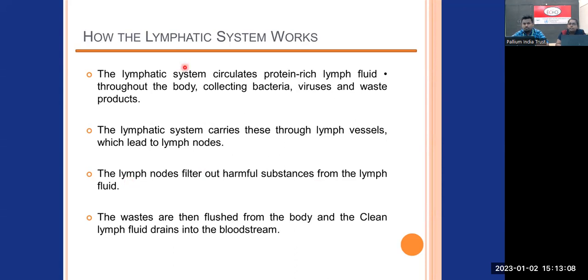From the interstitial space, the lymphatic capillaries absorb the fluid. Then it goes to the lymphatic vessels, then to the lymph nodes for filtering out the harmful substances. After that, the waste is flushed from the body and clean lymphatic fluid drains into the bloodstream. So this is how the lymphatic system works.